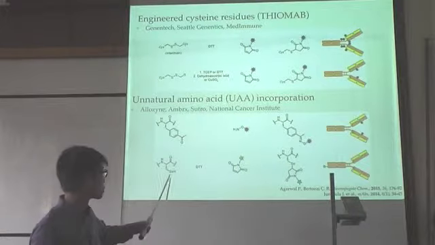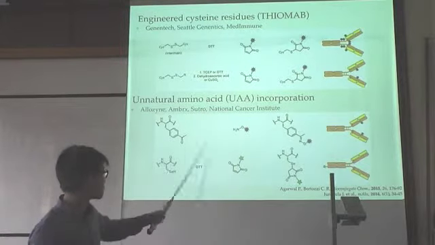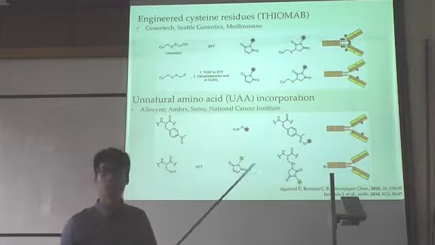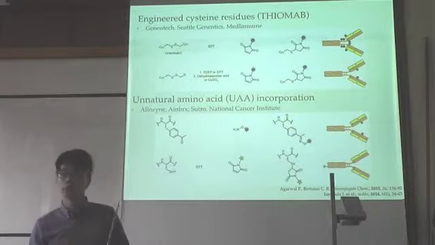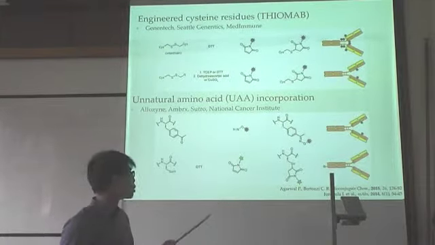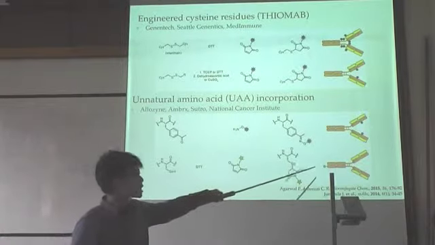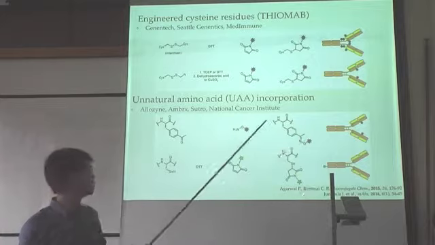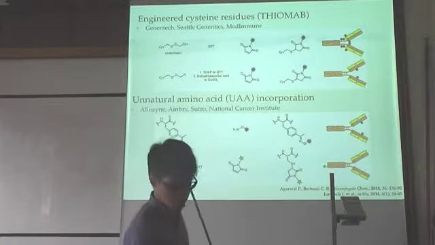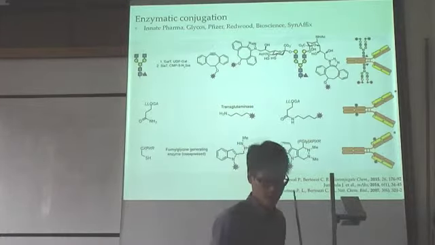You can also incorporate a selenium into your antibody, and because selenium has a very unique nucleophilic property, it would only undergo 1,4 addition with your maleimide, giving you site-specific conjugations there. So these are some of the strategies for that.